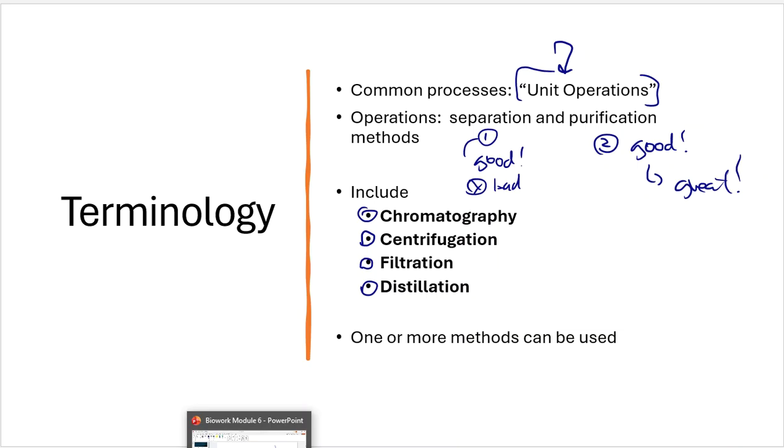But at the same time, keep in mind that one or more methods can actually be used. So while we talk about these individually, that is great. Individual, that could work. That might be the only thing that's needed. Absolutely. We'll continue to go with the flow. But there is also a chance that we need to combo these as well.